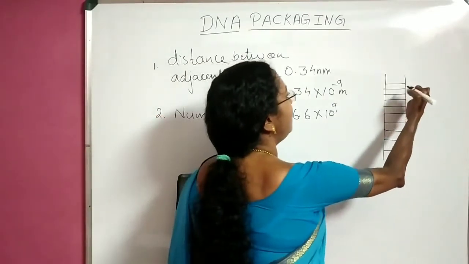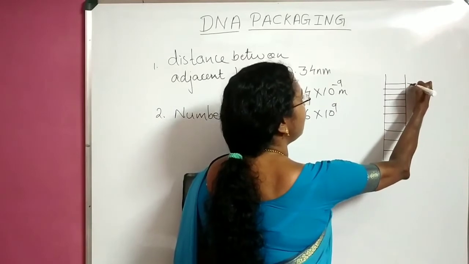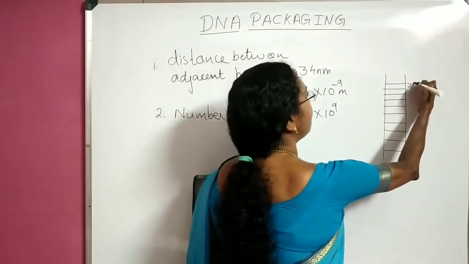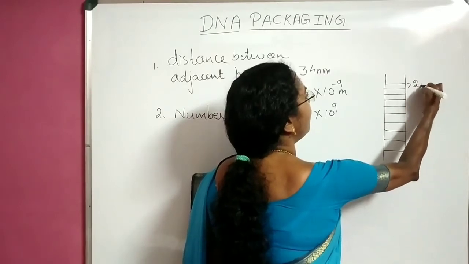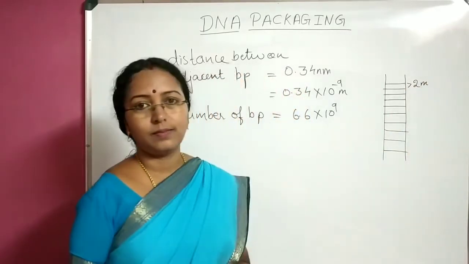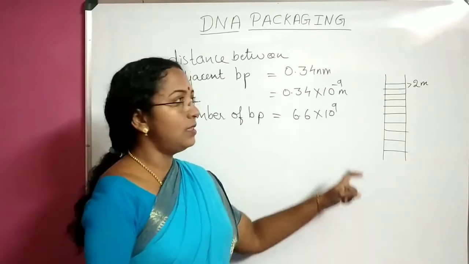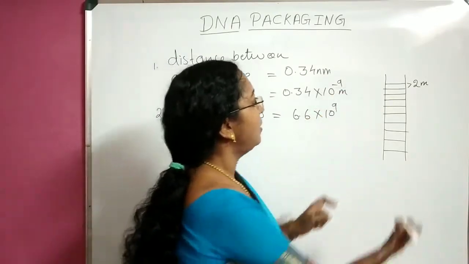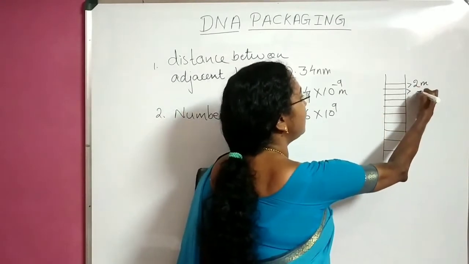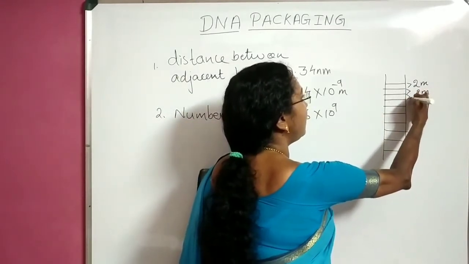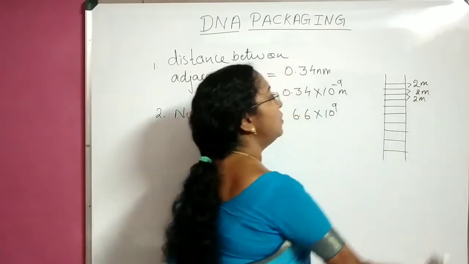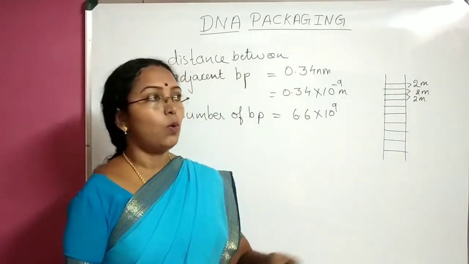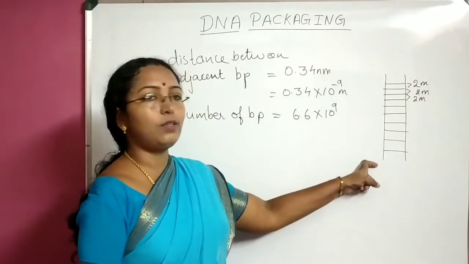The distance between the adjacent steps is 2 meters. So between every 2 steps, the distance is 2 meters. Again, for the next 2 adjacent steps, the distance is 2 meters. Now I am asking you to find out the total length of this ladder.